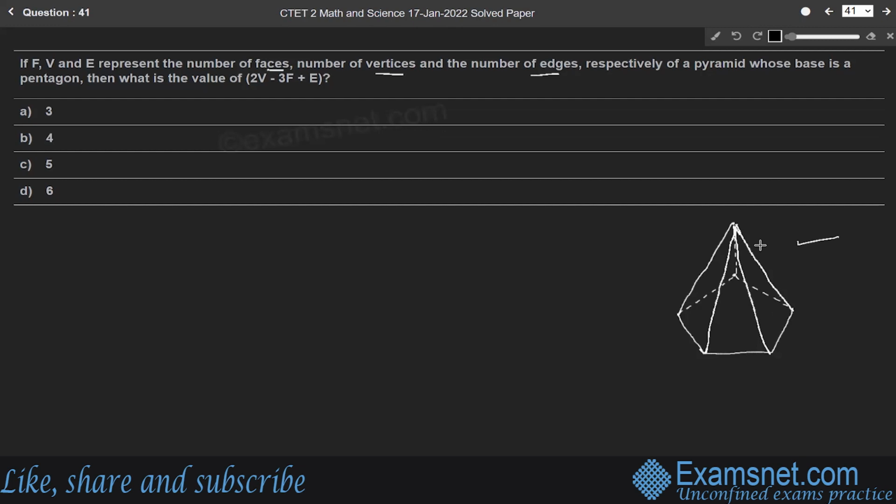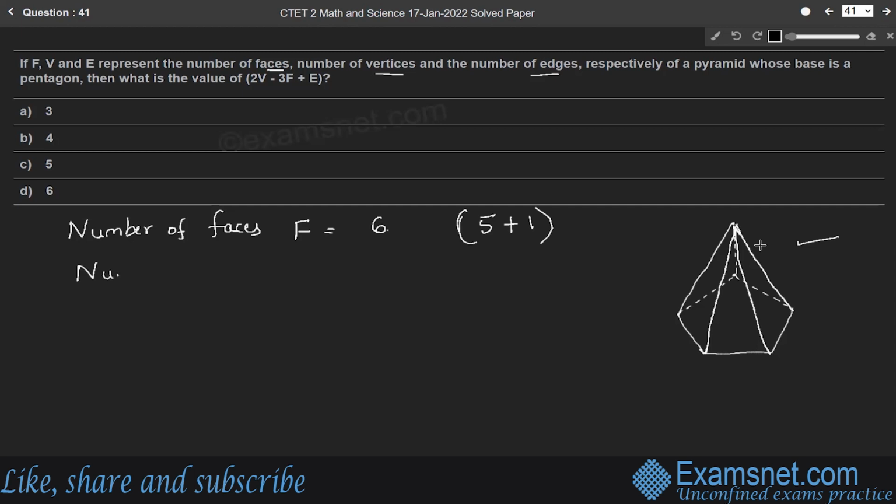Here, number of faces, F is equal to 6, right? One is base and the other 5 are triangular faces, right?